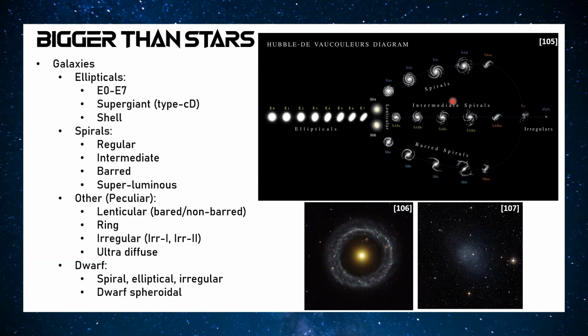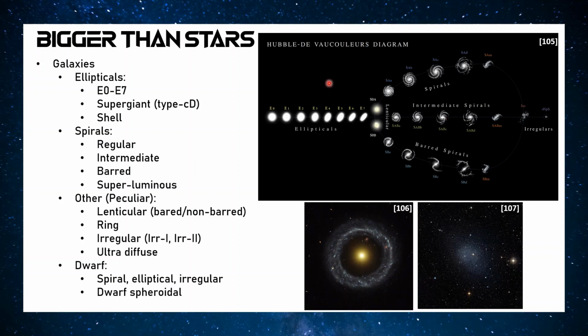Anyways, under regular spirals, there can be type SA and a, b, or c. And the a, b, and c are different degrees of tightness, from tightly wound at a all the way to well-defined arms at c. And then there's actually a d class too that you can add there, which means they're broken up and starting to be irregular.